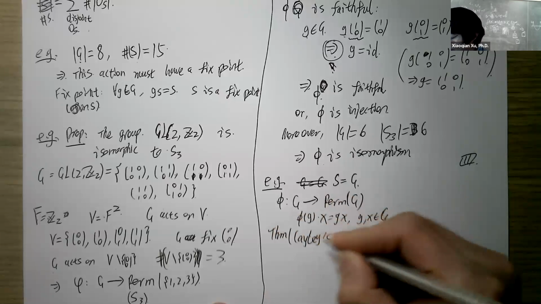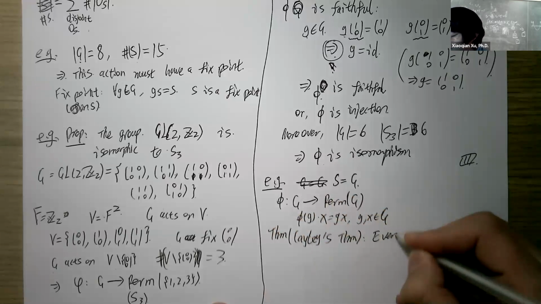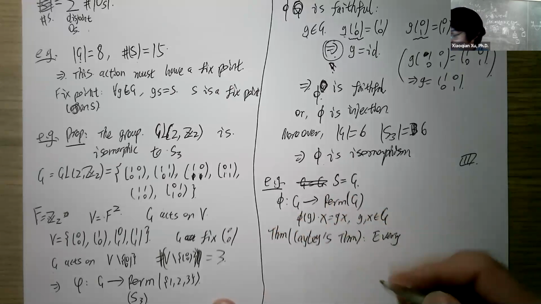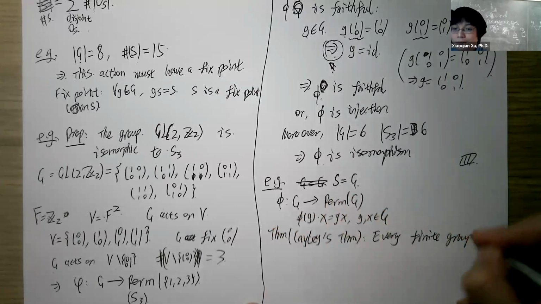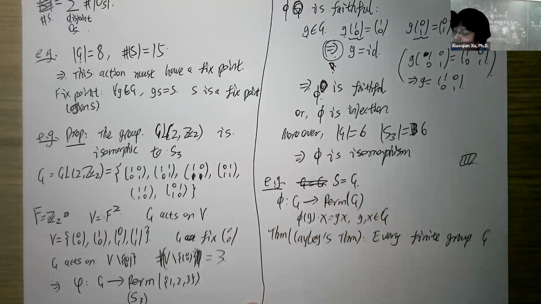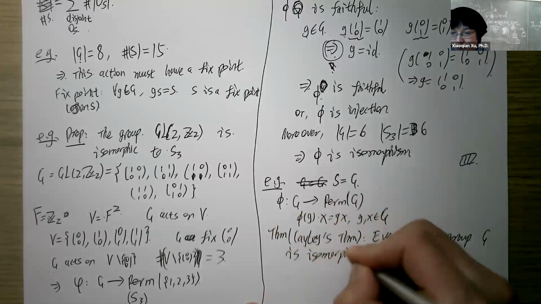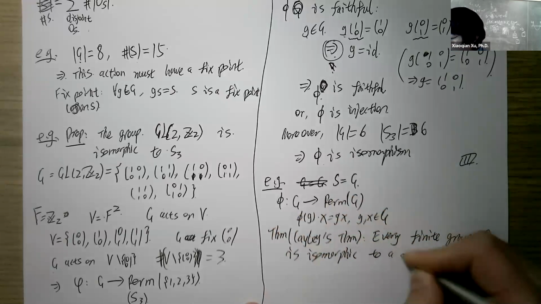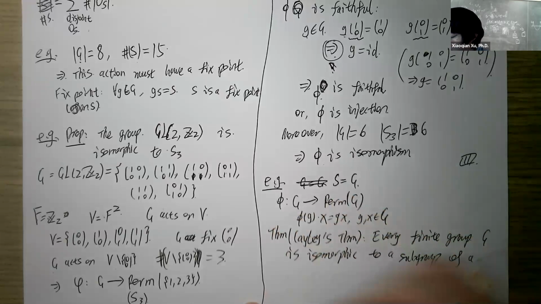The Cayley theorem, which is a very interesting theorem. Every finite group G is isomorphic to a subgroup of a permutation group.